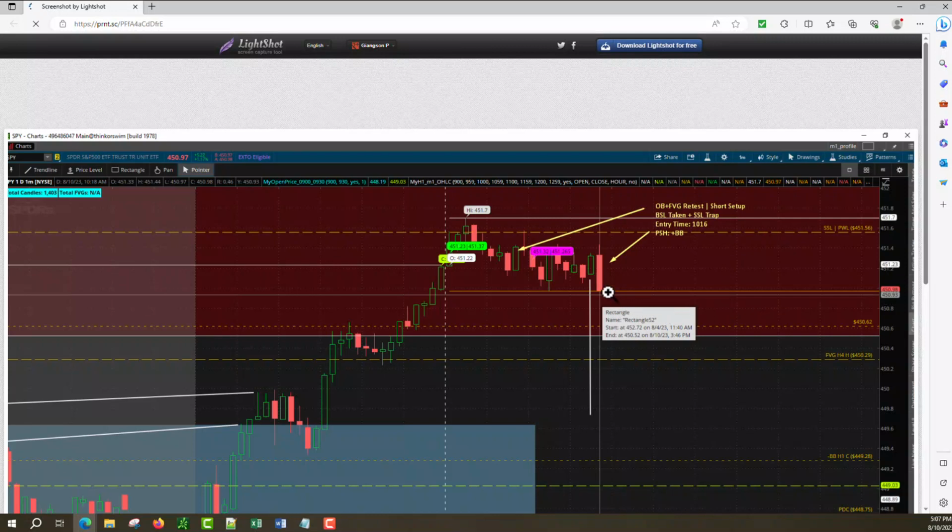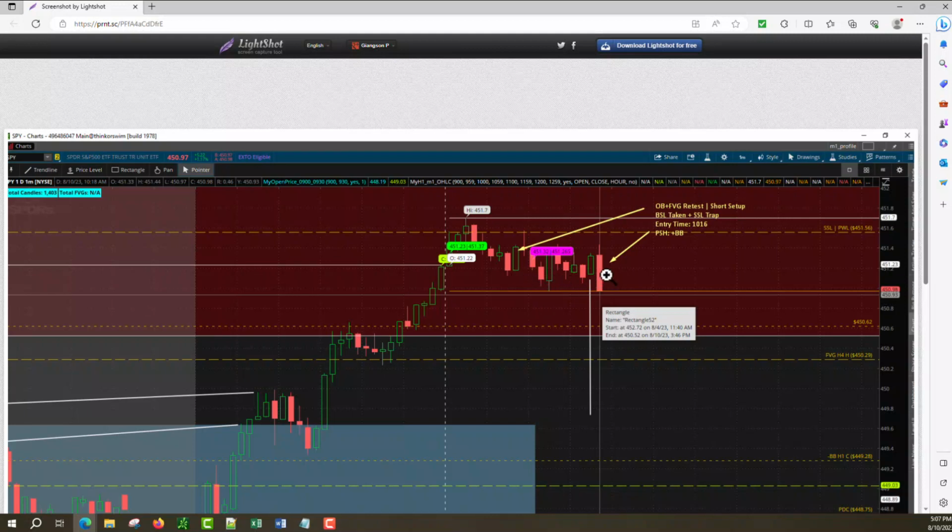So right here, we can go in, and our very conservative target is right here, but actually it moved all the way down. See this, our order block?